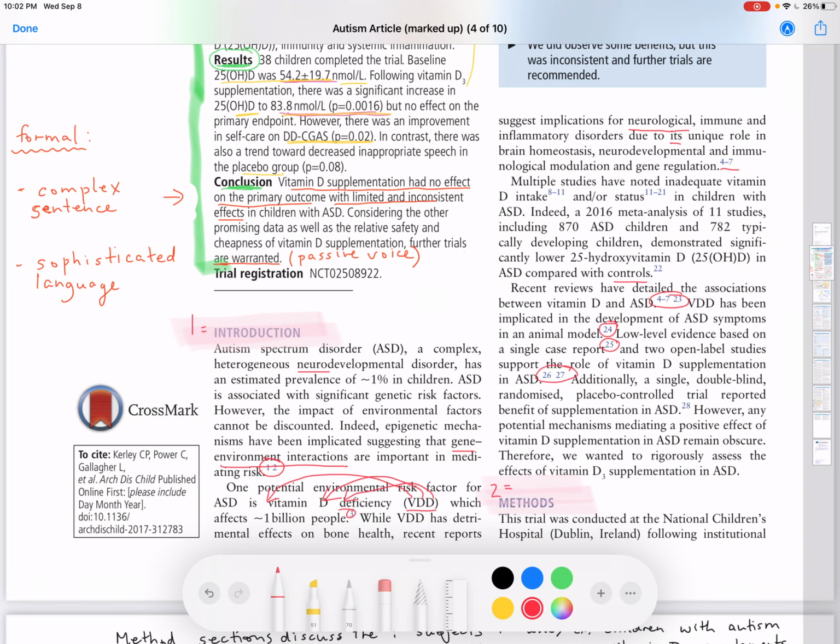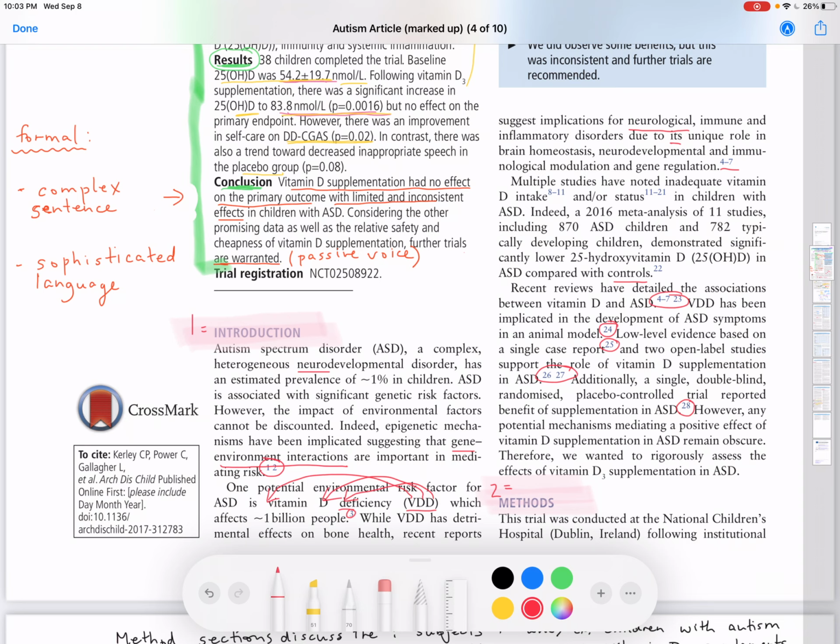So some researchers have already looked at that link. Additionally, a single double-blind, randomized, placebo-controlled trial reported benefit of supplementation in ASD. So that's an experimental design. Those researchers, and we can find the source 28, did an experimental design and they supported using vitamin D.